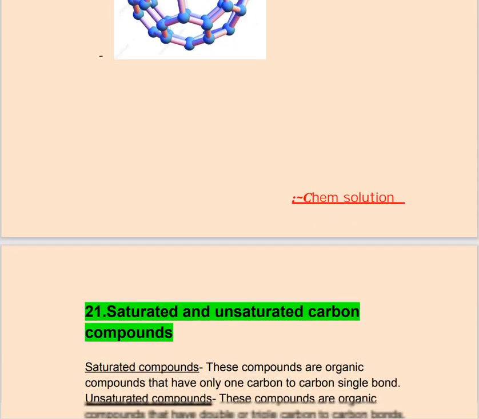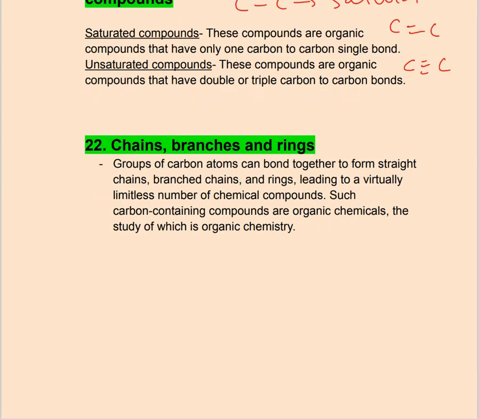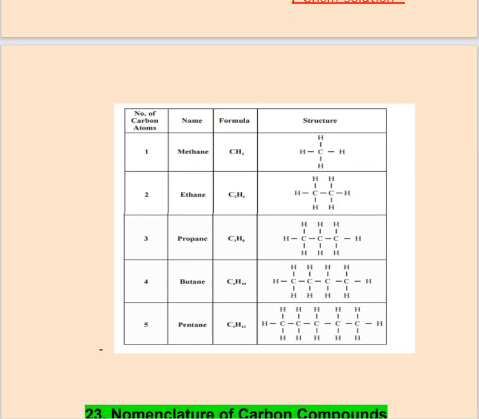Now coming towards saturated and unsaturated carbon. Carbon single bonds are saturated, and carbon double and triple bonds are unsaturated compounds. Clear? We know carbon forms chain and branched ring structures. As we know the IUPAC nomenclature, I have a previous video on the IUPAC nomenclature. Please see that.